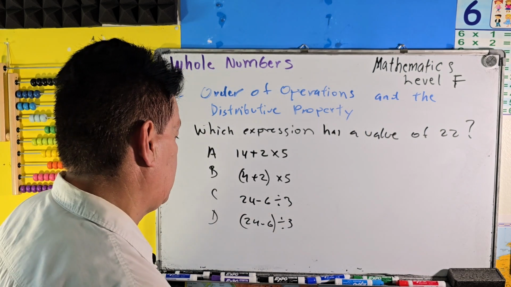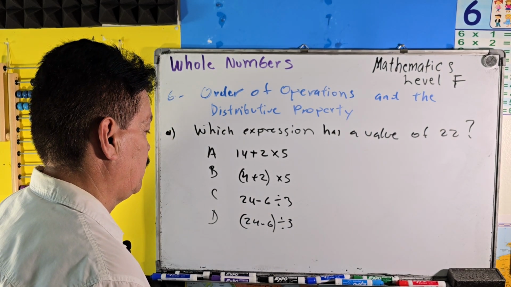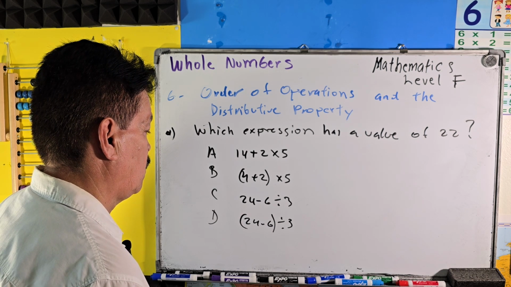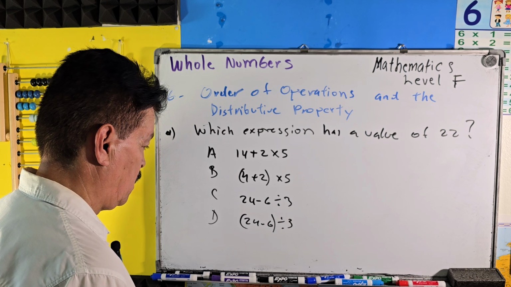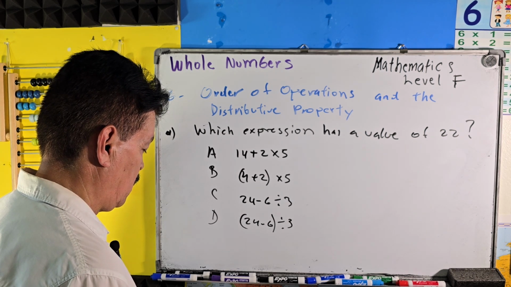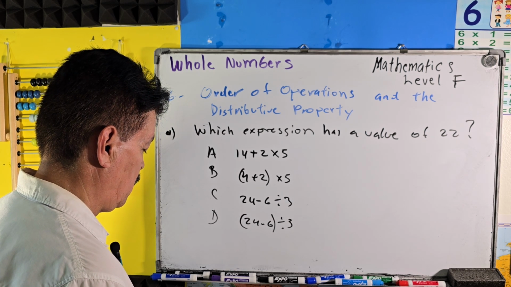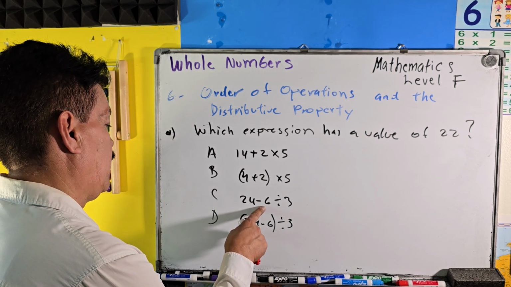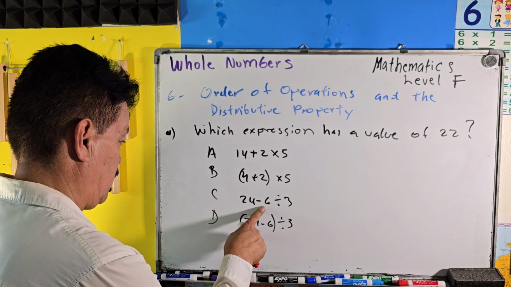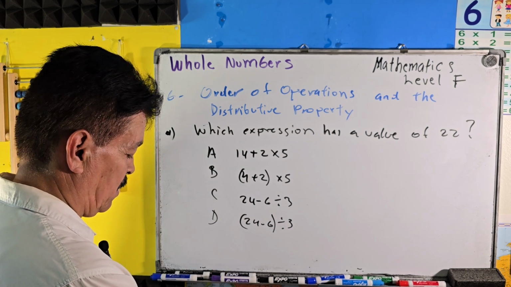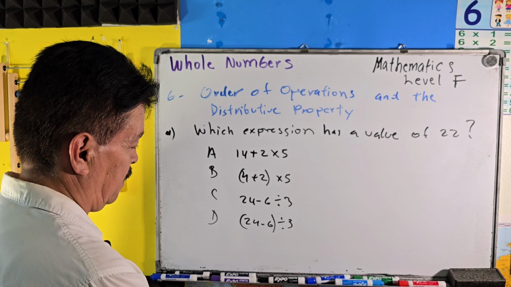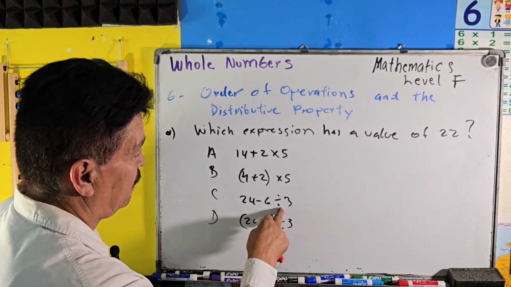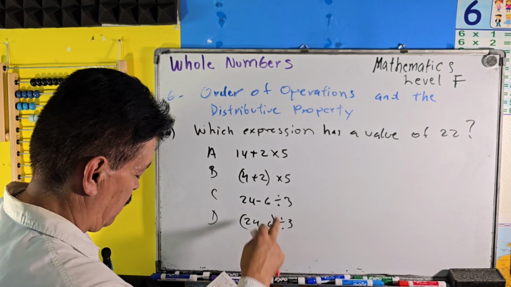Let's see here. 18. 22 minus 6 is 18. 18 divided by 3 is 6.